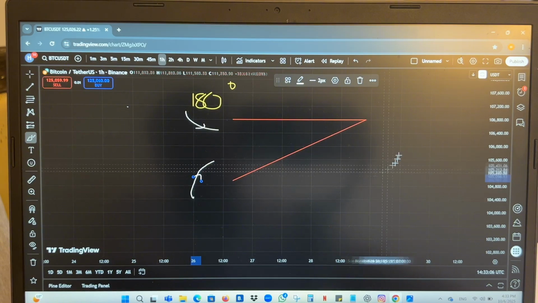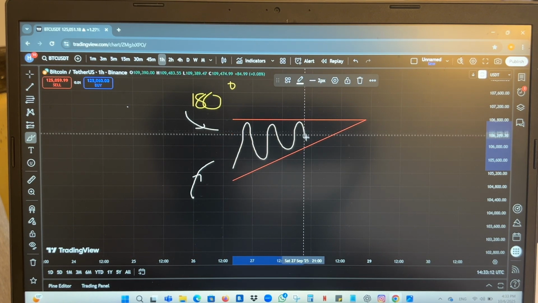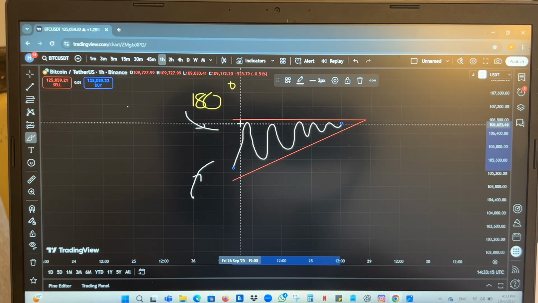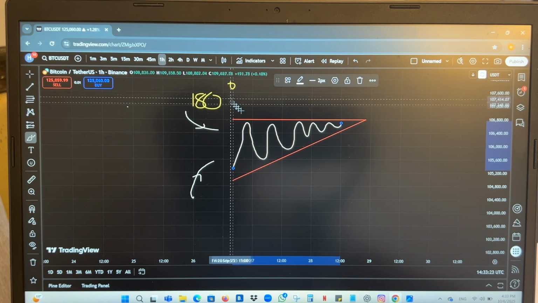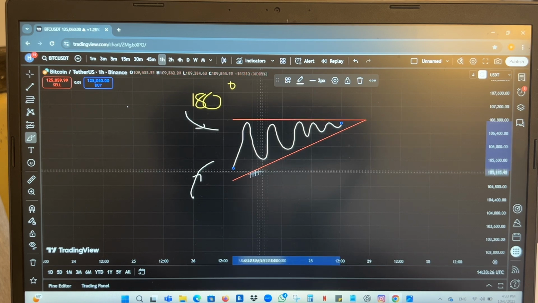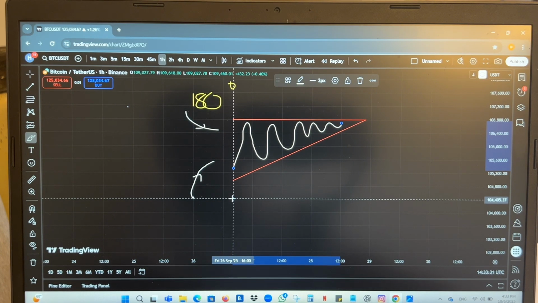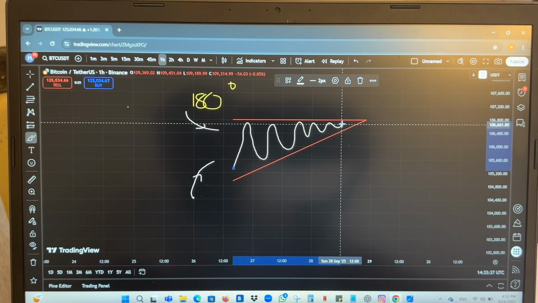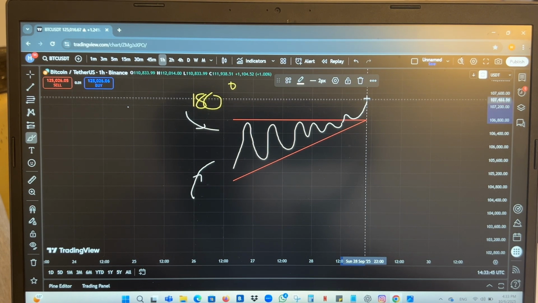If the pattern looks like this, making the top line a straight 180 degrees line, and the bottom line looks like this, then you have to understand that it is an ascending pattern. And then it's going to break this top trend line, do its retest, and then go up.